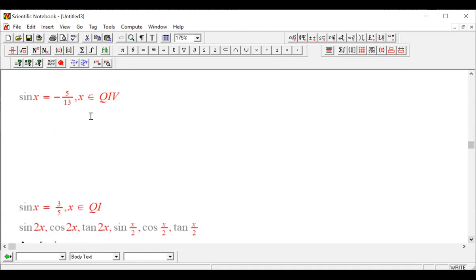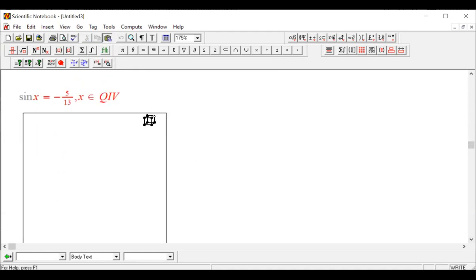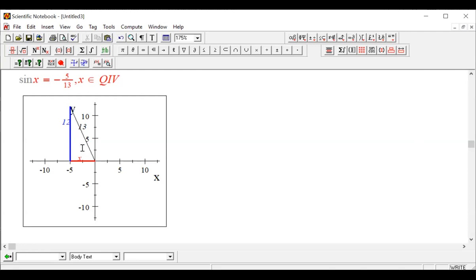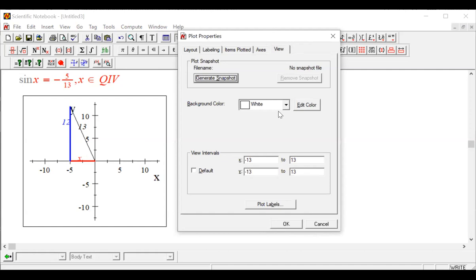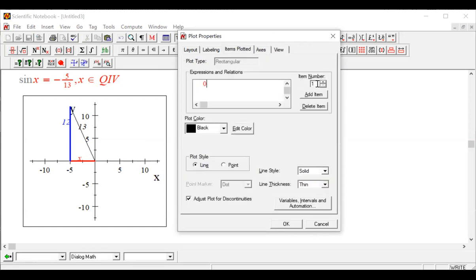You can get started drawing yourself. Here my terminal is in the fourth quadrant, so I'm going to have to move everything to the fourth quadrant. Don't worry about how I do the software, you don't need to learn this.